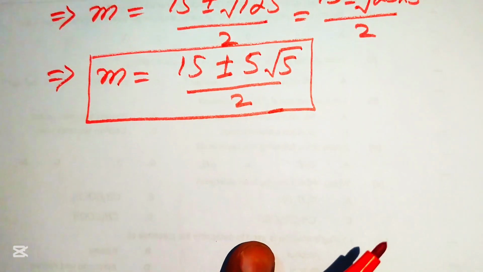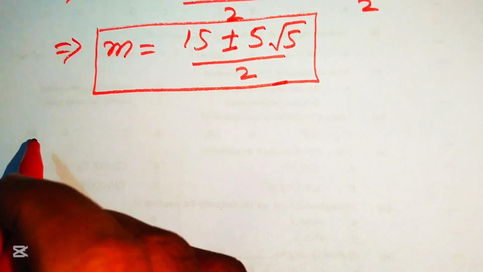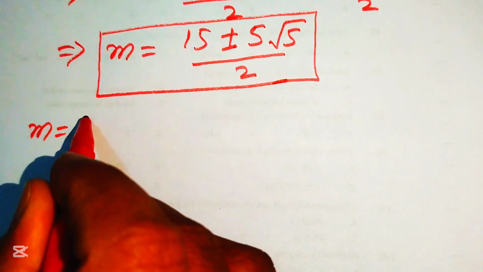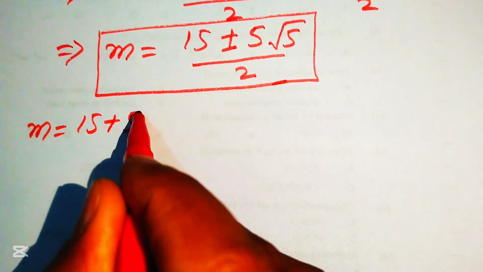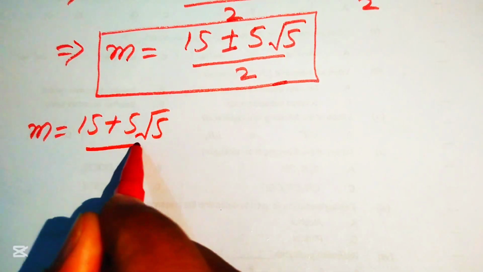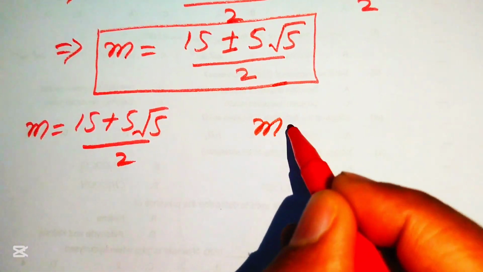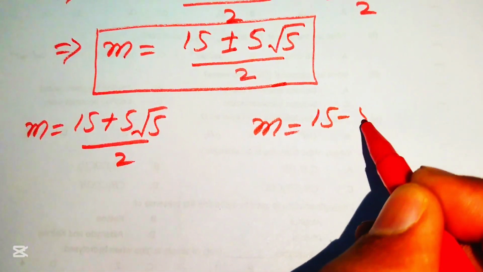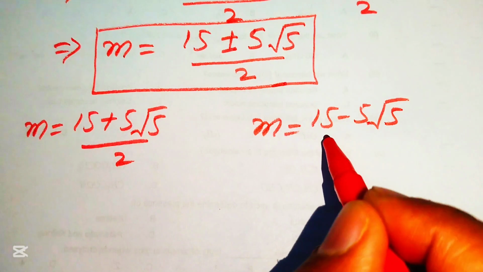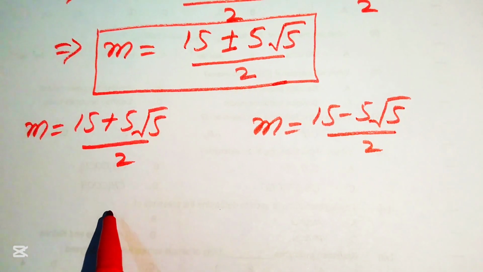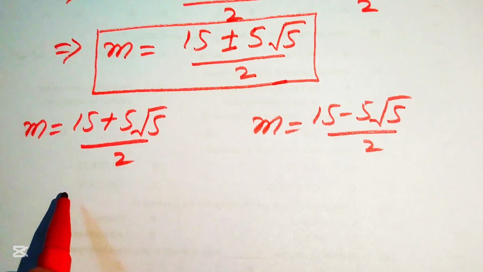Okay, so first we break these two values here. Here we write the positive value of m, it is 15 plus 5 into square root of 5 divided by 2, and here we write the negative value, it is 15 minus 5 into square root of 5 divided by 2. So here we need equation number 5.